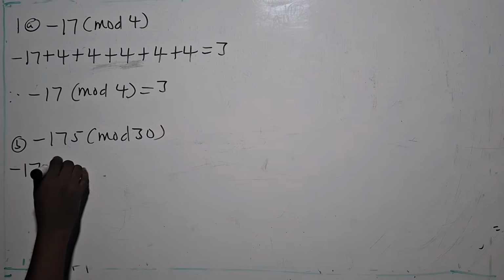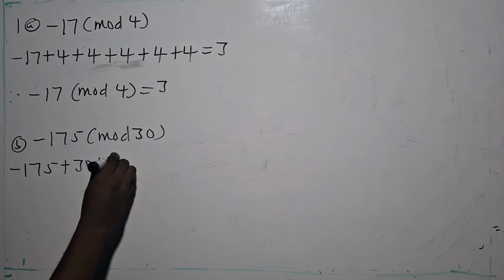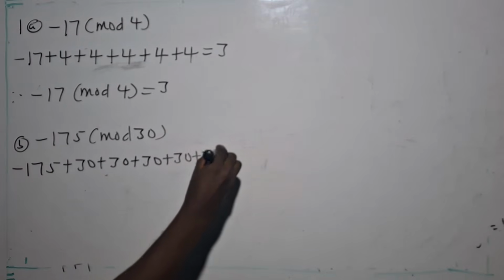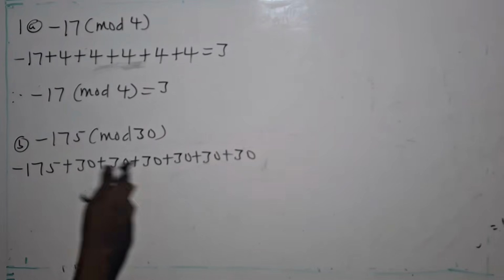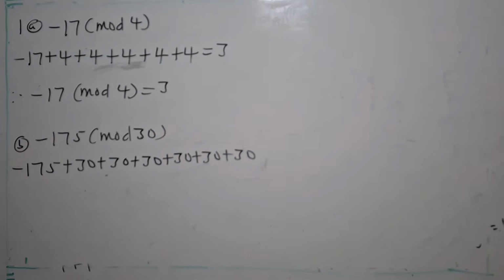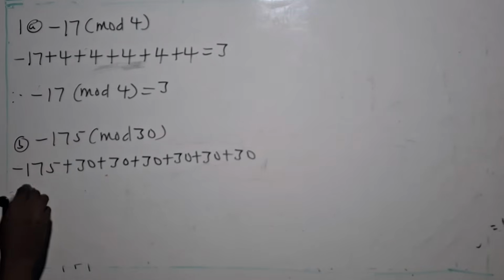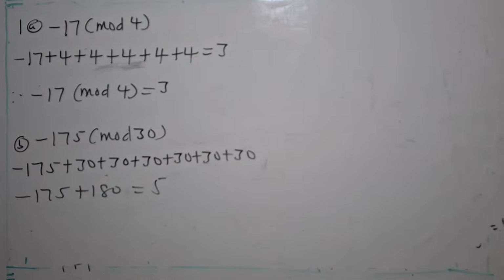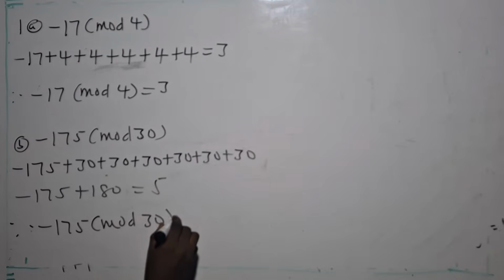So this is another way to check: 1, 2, 3, 4, 5, 6. 30 times 6 is 180, and negative 175 plus 180 gives us positive 5. So therefore, negative 175 mod 30 gives us 5 as the answer.